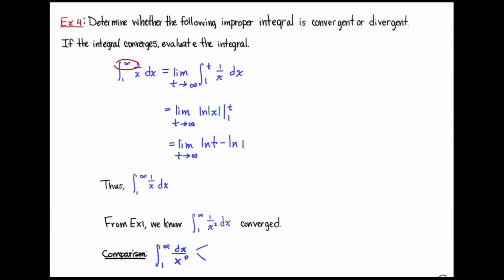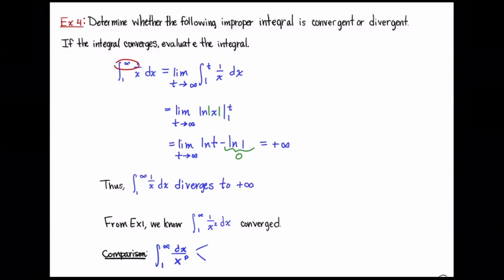The natural log of t as t goes to infinity, that is grows without bound, it goes to positive infinity, and natural log of 1, that is 0. And so this limit is equal to positive infinity. And so the improper integral from 1 to infinity of 1/x dx diverges to positive infinity.